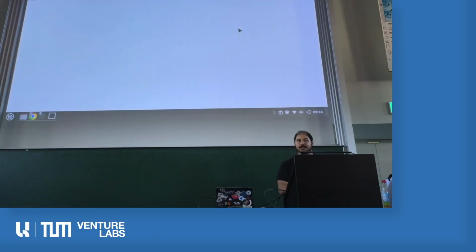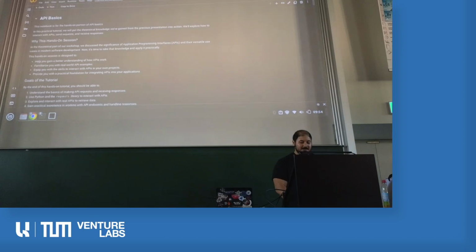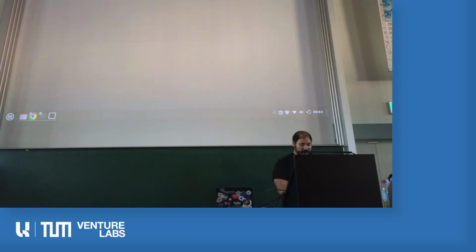And everyone has a link to the GitHub notebook already, right? Not yet. I think it's in the slides. It's in the slides, but I can create a QR code for everyone. Okay, that's a good idea.